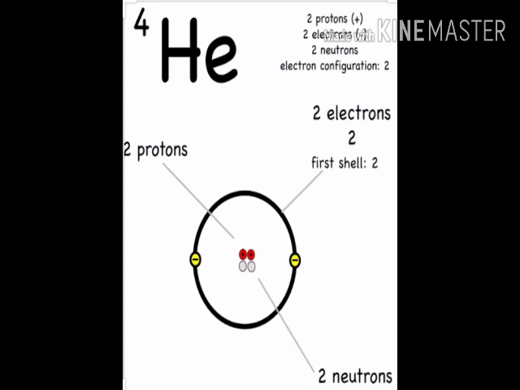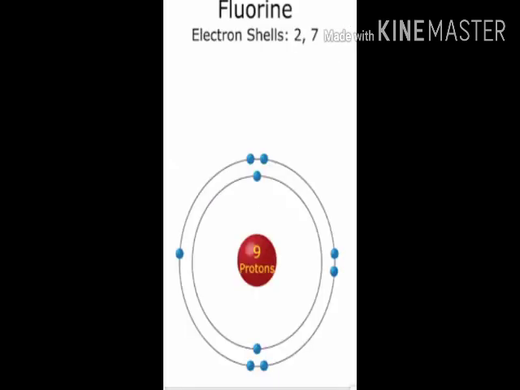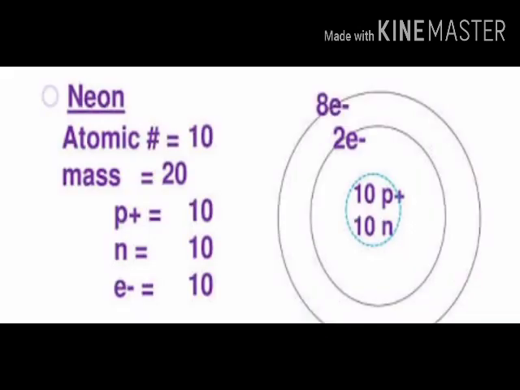Next, we have the example of oxygen, which has 8 protons and 8 neutrons in the nucleus, and 8 electrons revolving around the nucleus. In K we have only 2, and in L shell the remaining 6. Fluorine, atomic number 9, contains 9 protons and 9 electrons.